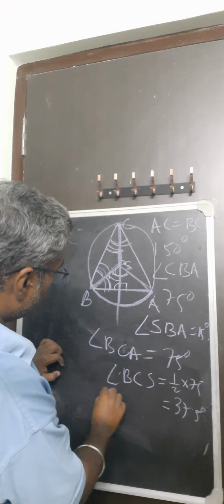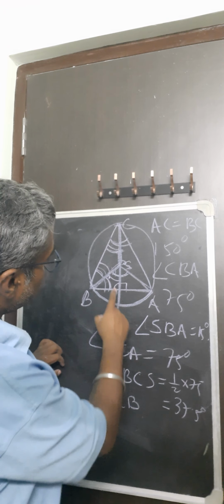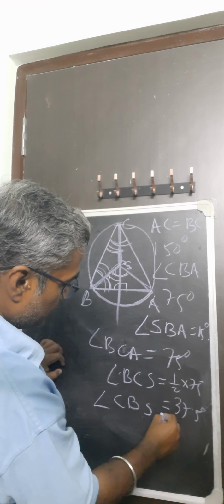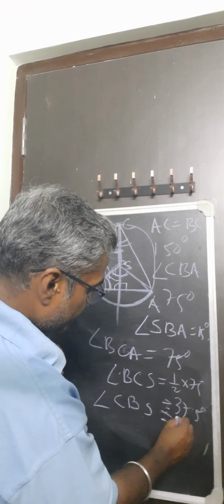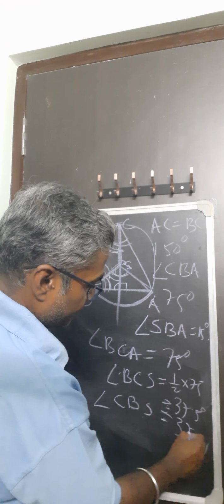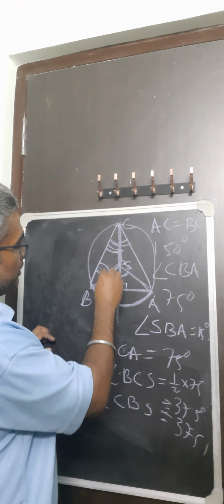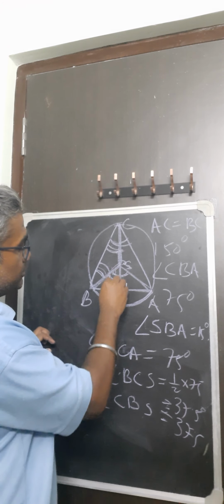So we can say that angle CBS is also equal to 37.5. So this angle is 37.5 and this is 15.